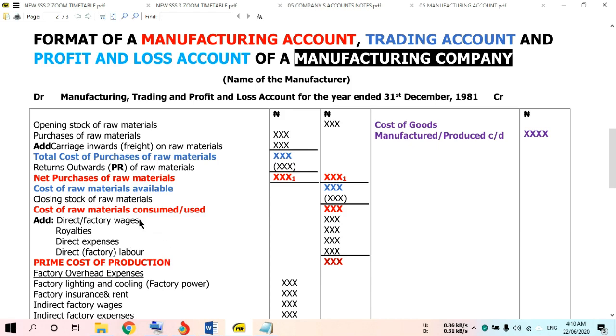I have not seen any question where, after the cost of raw materials consumed, the next thing to write is the factory overheads. No, we always add something to the cost of raw materials consumed to get us the prime cost of production.